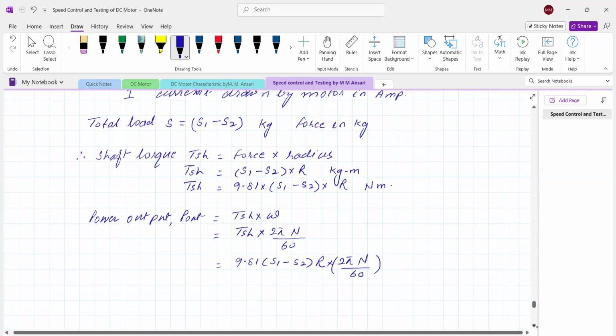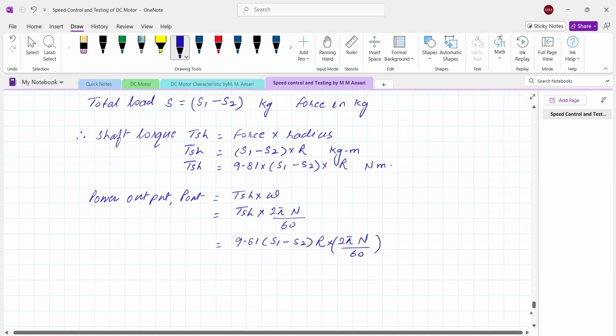Whereas for the power input, it is not necessary to remember this; it is only from our basic fundamentals of power and torque. Now the power input is equal to the supply voltage multiplied by the current drawn.